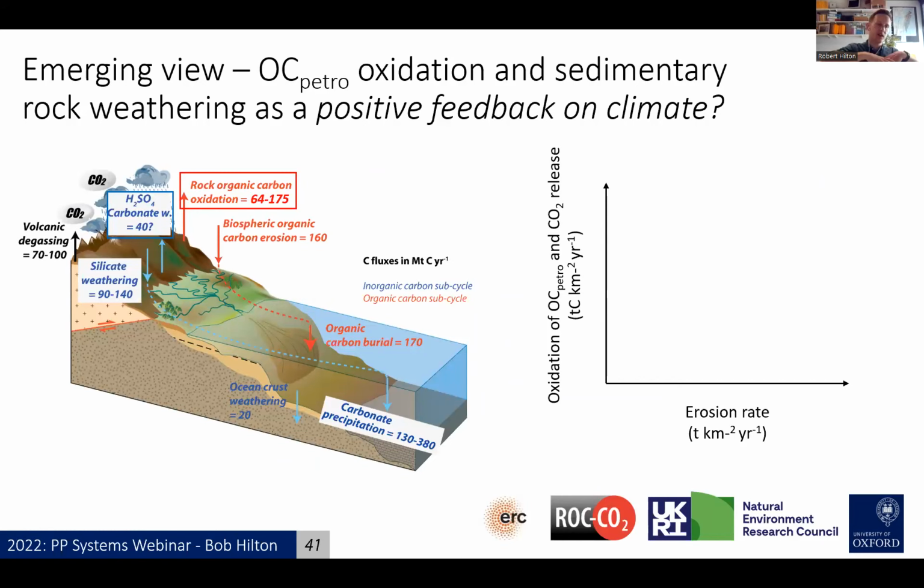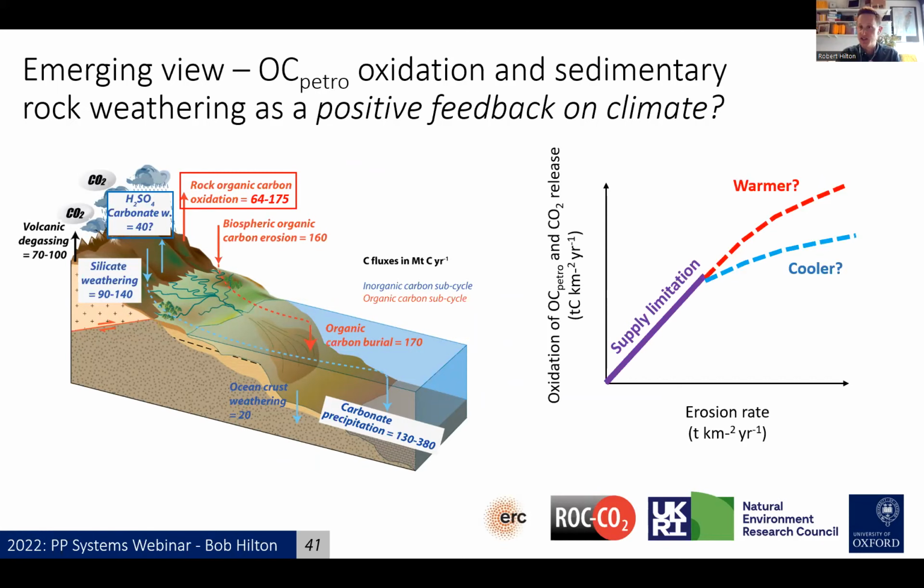From the earth sciences point of view, in the bigger picture of this geological carbon cycle, this is a really interesting new development. Again, this might be a bit niche for the audience, but basically it's saying that we've got an important control on this reaction by temperature. On this graph, there's an important control I didn't talk about, which is that when we supply more material to react, we can increase the flux.